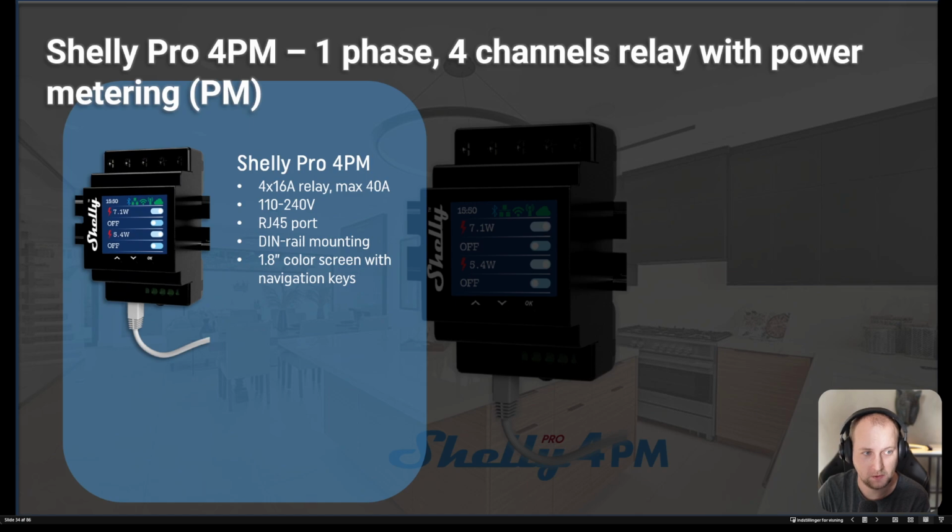You very rarely have 40 amp fuses because this is a single phase device. Remember that you cannot have multiple phases, even though it has multiple relays, because they are all connected inside. So you have 1 power input and 4 outputs for this device.